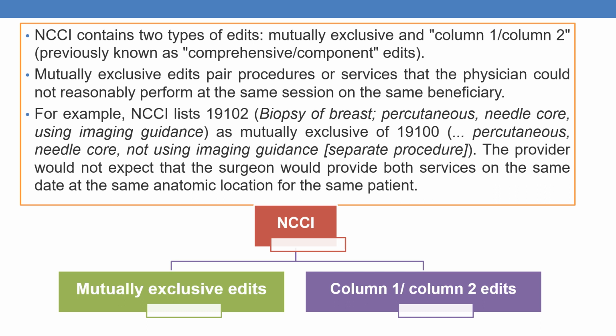For example, NCCI lists 19102, which is biopsy of breast percutaneous needle core using image guidance, as mutually exclusive of 19100, which is percutaneous needle core not using image guidance.